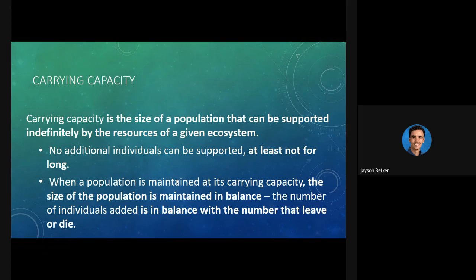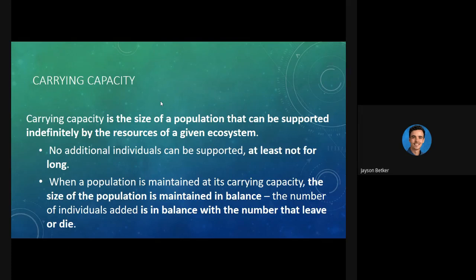So all populations will initially increase like this on an exponential scale, but then eventually they'll reach a carrying capacity right up here, where they can be supported indefinitely. So no additional individuals can be supported, at least not for a long time.